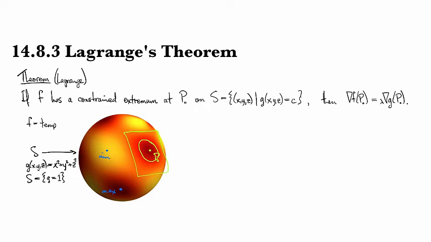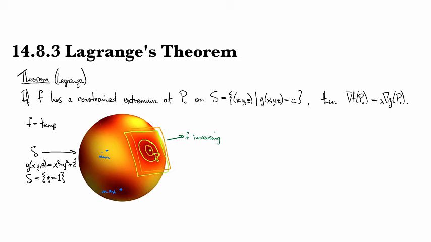And then as the temperature increases, maybe we move a little bit inward, and that's going to correspond to some other surface. Maybe f takes the same values everywhere on this surface here, and so on and so forth. As these are moving outward, we see that f is increasing as we go outward.